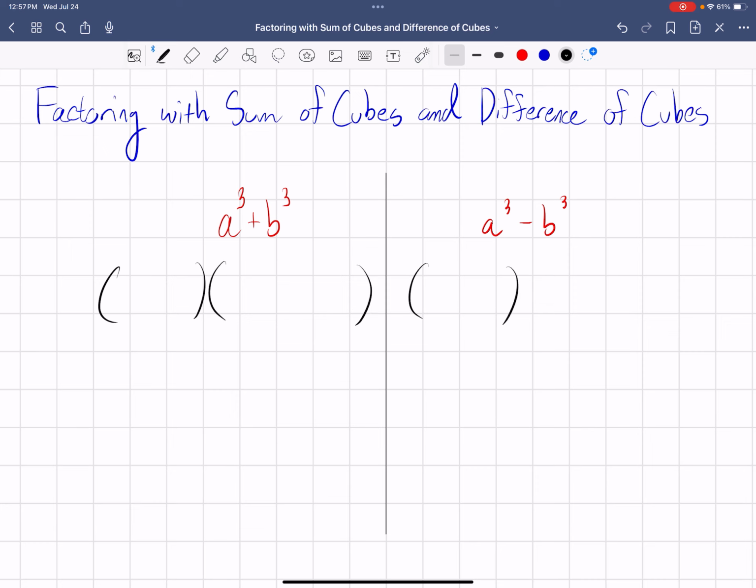Same thing over here, smaller factor and larger factor. Now, the terms are the same. It goes a, b, a squared, ab, b squared. Again, same thing for the difference of cubes: a squared, ab, b squared.